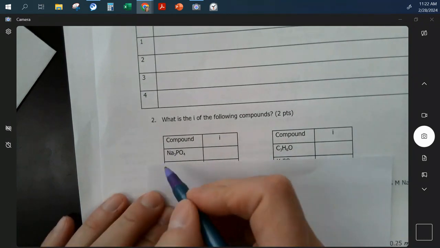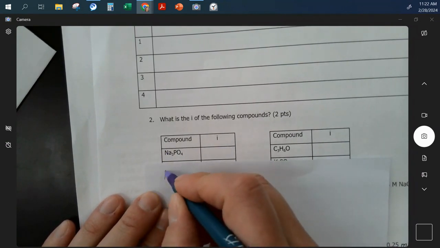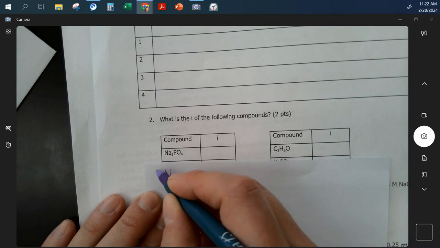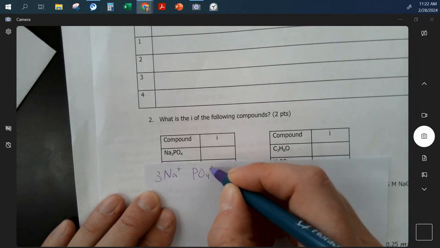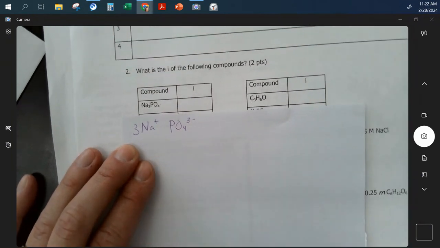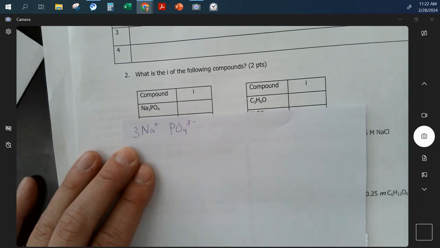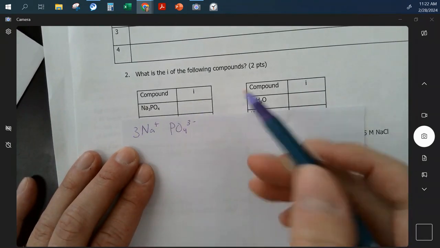I know this because it's ionic. We have a metal and then a polyatomic ion. And then we have 3 sodium ions and 1 phosphate. Okay, so that's 3 plus 1, that's 4.